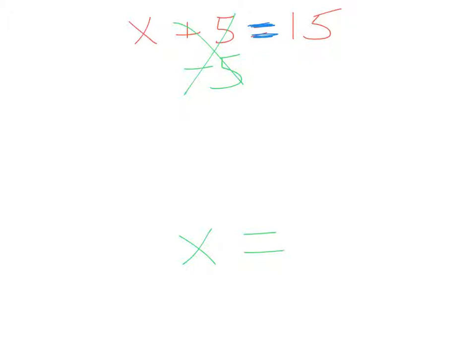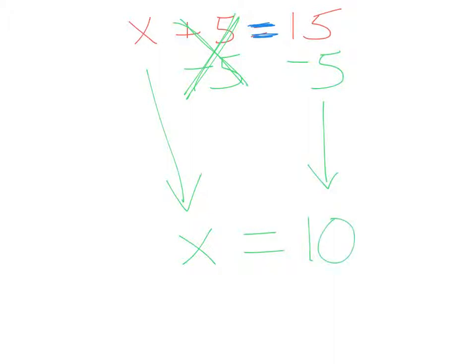Equals means that whatever I have on one side of my equal sign, it's the same over on the other side. So if I do something to one side of my equal sign, I have to do the same thing on the other side. Because I subtracted 5 on the left, I need to subtract 5 on the right. Since my 5s have canceled out, it left me with the x just like I want, by itself. But over on the right side, I have 15 minus 5, which we know is 10.